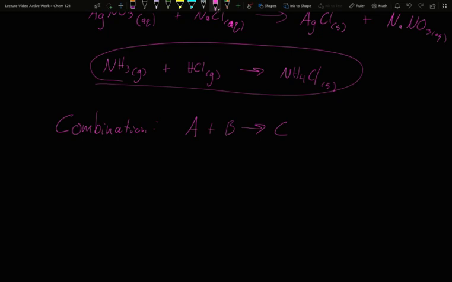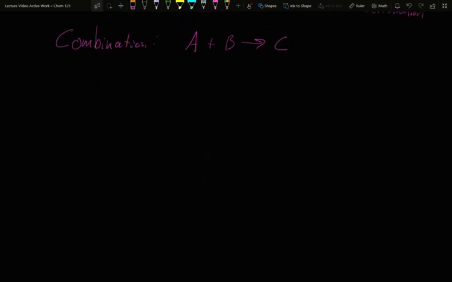So not only was it a precipitation, it was also a combination. So reactions can be more than one type. I mean, there are some that are mutually exclusive, but precipitation and combination definitely work together. I brought two different things together to make a third thing. That's the idea of combination.